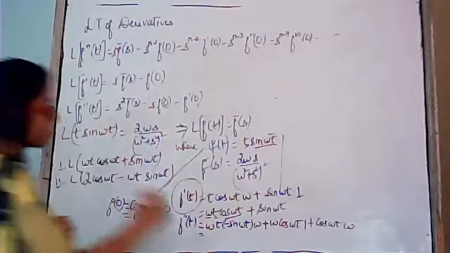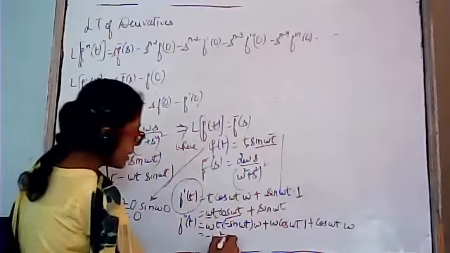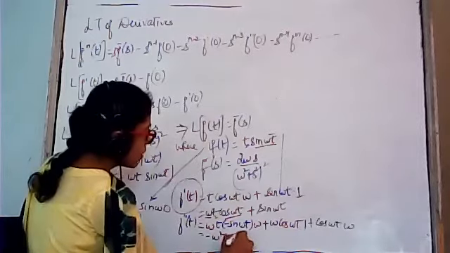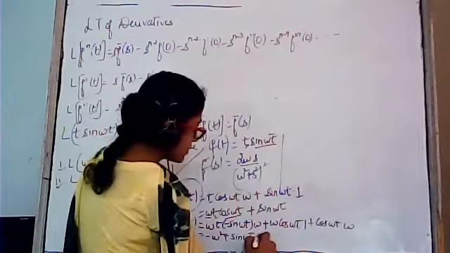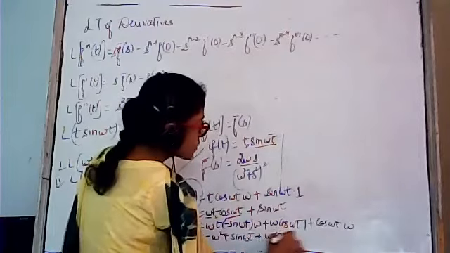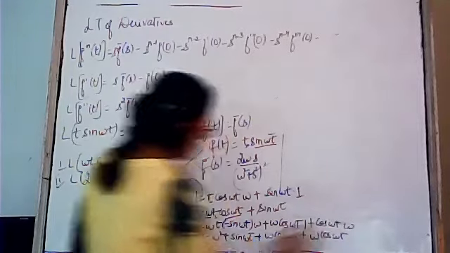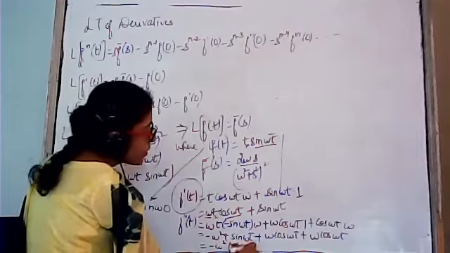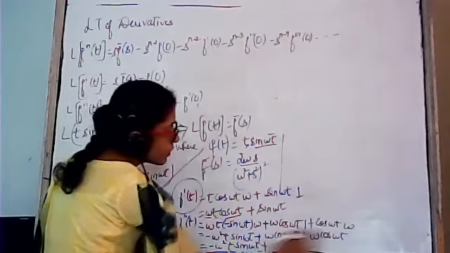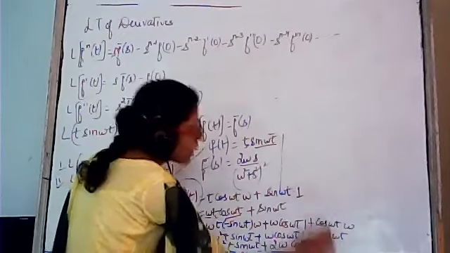So it will be minus omega square t sine omega t plus omega cos omega t plus omega cos omega t. It will be minus omega square t sin omega t plus ये दोनों terms add हो जाएंगी. It will be 2 omega cos omega t.